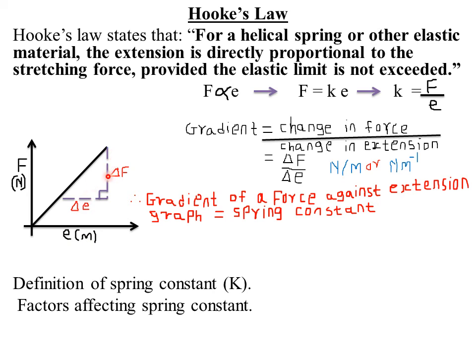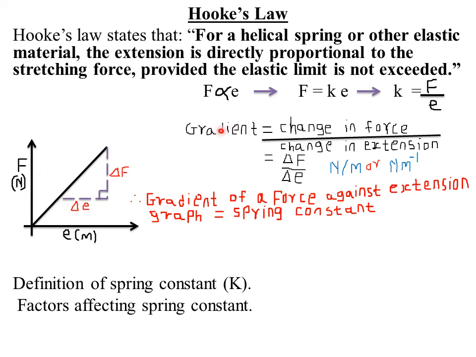So the change in vertical positions, or change in force, or change in y, is delta F. This small triangle, delta, represents a change in force. That is the force at this point minus the force at this lower point. Then delta E represents the change in extension, that is the extension between this point and this other point.